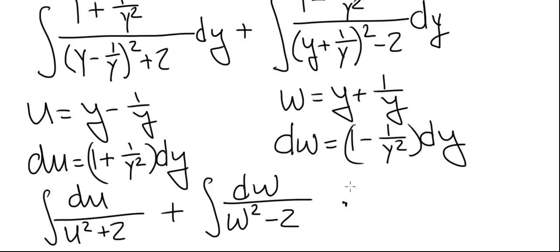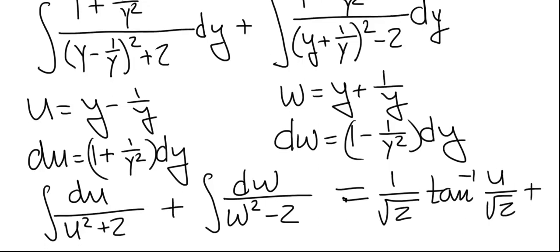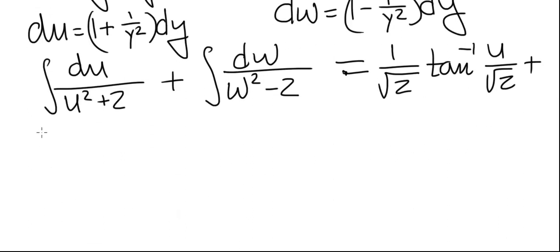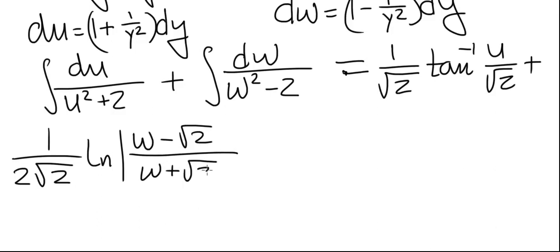So the first integral is equal to 1 divided by the square root of 2 times the inverse tangent of u over square root of 2, plus the second integral is 1 divided by 2 square root of 2 times the natural log of absolute value of w minus square root of 2 over w plus square root of 2.